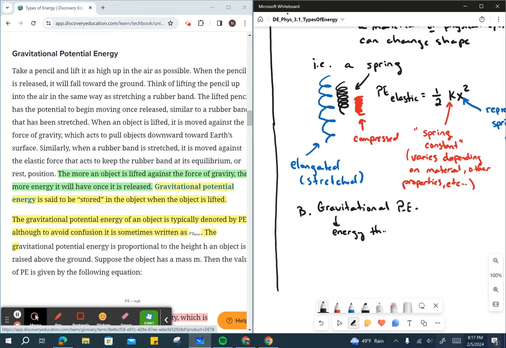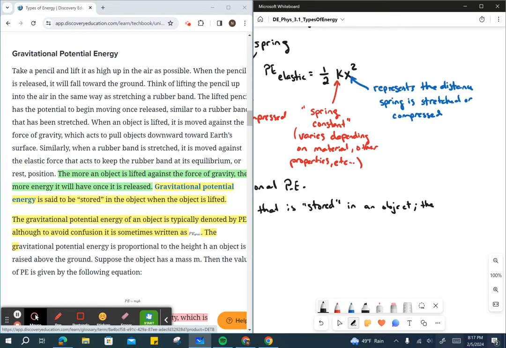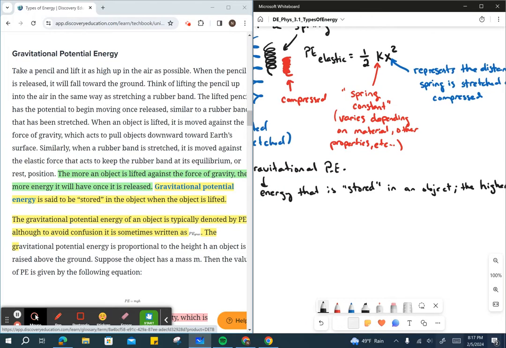Energy that is stored in an object, the higher it is lifted, the greater the potential energy, the gravitational potential energy, right?